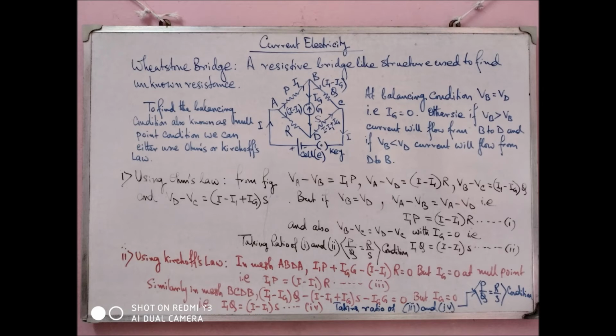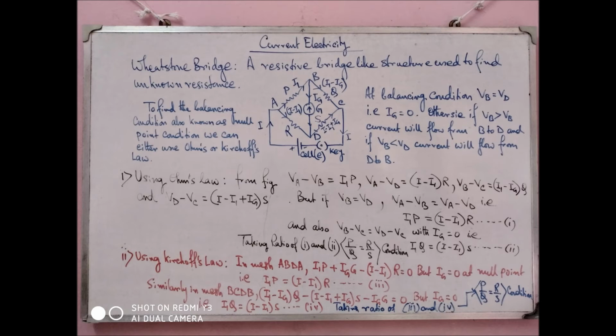It is I1 minus Ig into Q, and VD minus VC is I minus I1 plus Ig into S. So these 4 are the potential drops across the 4 resistors.